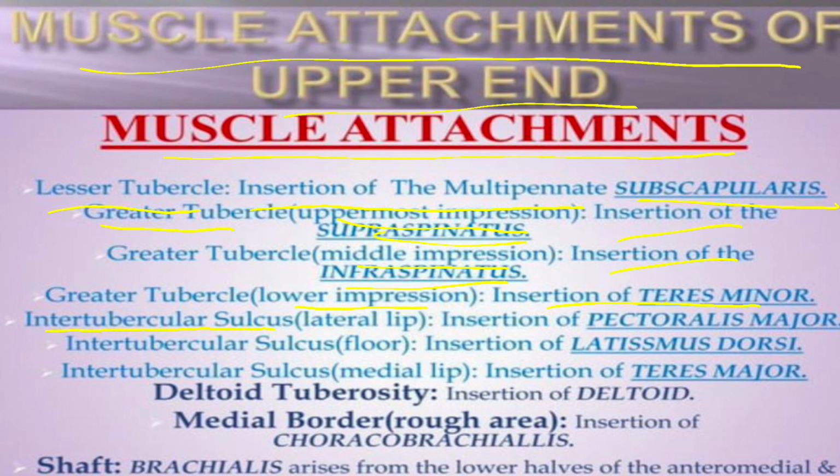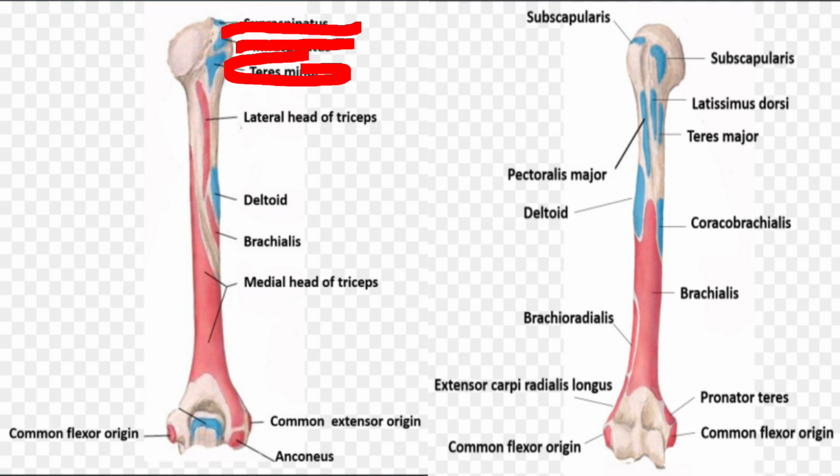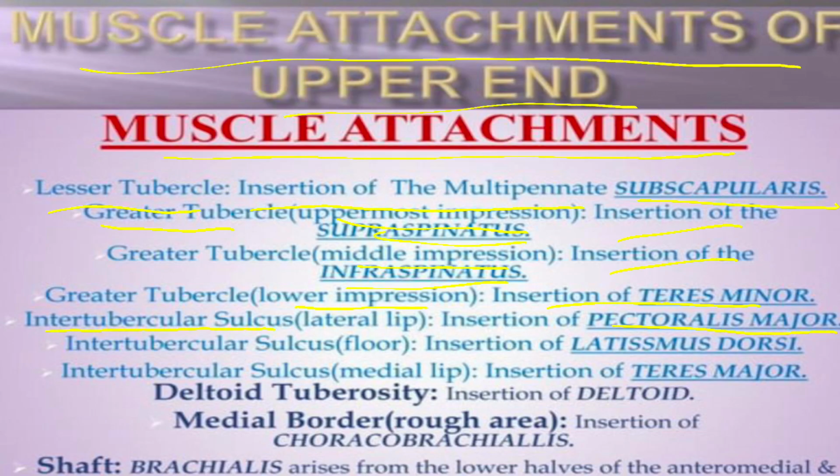Intertubercular sulcus provides insertion to pectoralis major muscle on the lateral lip. Latissimus dorsi muscle is inserted on the floor of intertubercular sulcus, and teres major muscle is inserted on the medial lip.